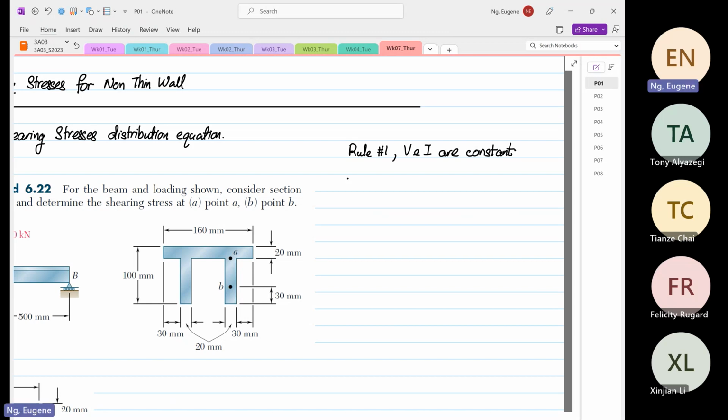And then rule number 2 is the geometric centroid is the datum. Is the geometric datum.